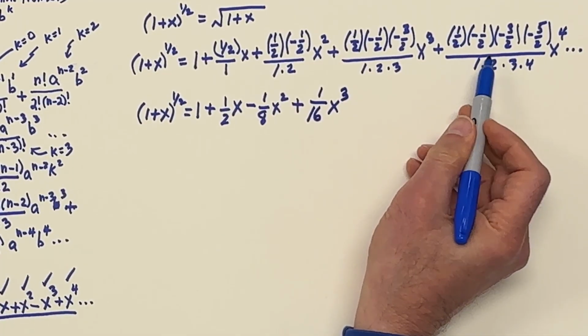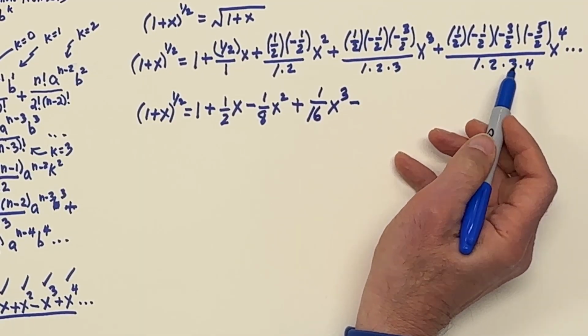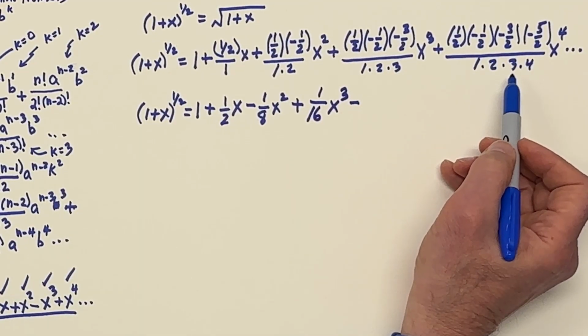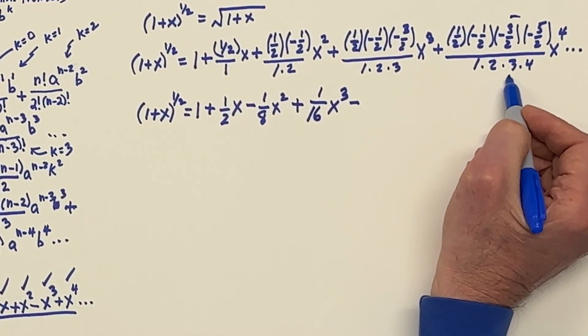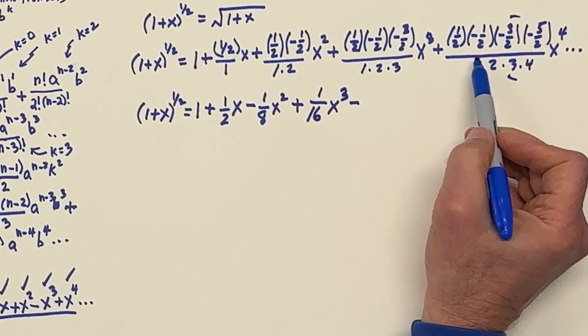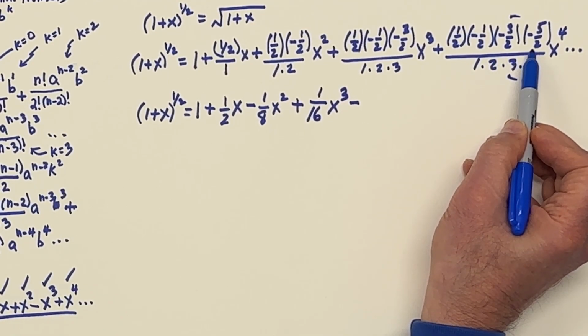The next one's going to be a minus overall because there's an odd number of minus signs. And we're going to have here the 3 will cancel this 3. But now we have 2 times 2 times 2 times 2 in the denominator, that's 16.